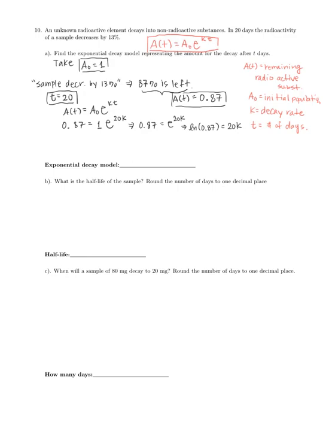All right, now let's go with k. Our k is going to be natural log of 0.87 over 20. Now let's type that in the calculator, and k better be negative because we're talking about the decay model here. If you get a positive number, you did something wrong.